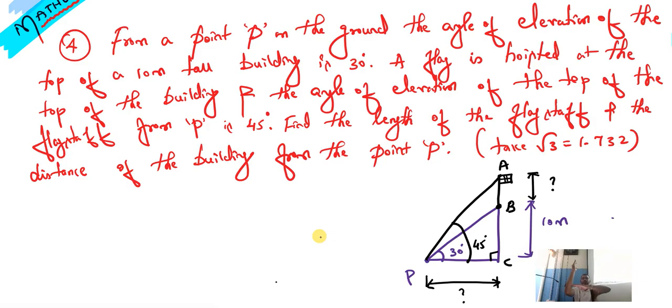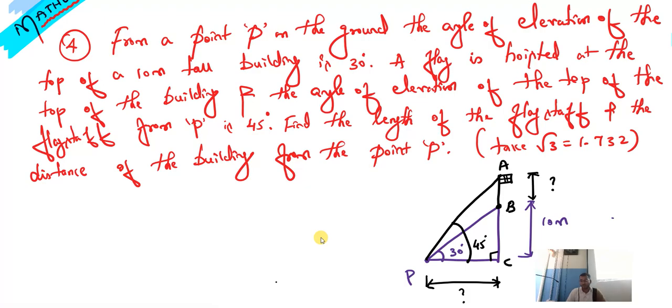Always the building will be straight. So it means angle C is 90 degrees. It is common sense. So here we have understood that angle C is 90 degrees.